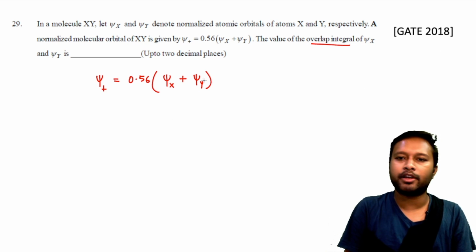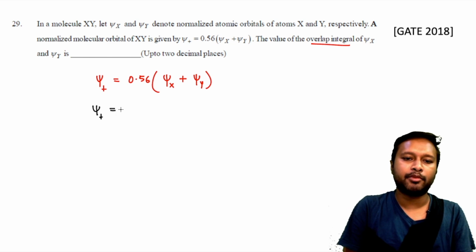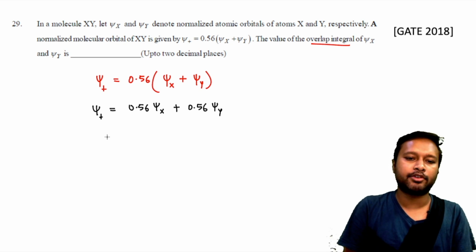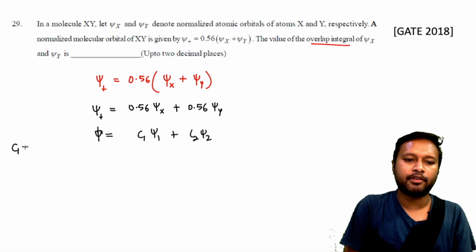What you have to do, first of all, multiply inside and make it in the standard form. So psi plus will be equal to 0.56 psi X plus 0.56 psi Y. Now if you compare it with the standard equation which we were using, psi is equal to c1 psi 1 plus c2 psi 2, now with that you can say simply that your value of c1 is 0.56 and the value of c2 is 0.56 again.